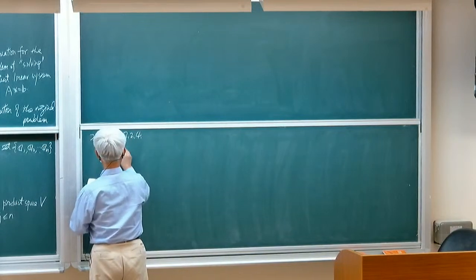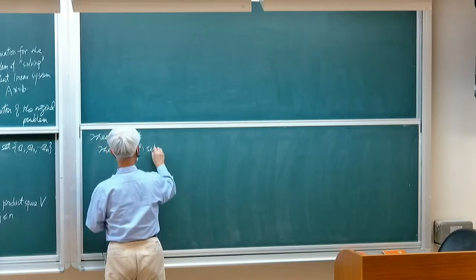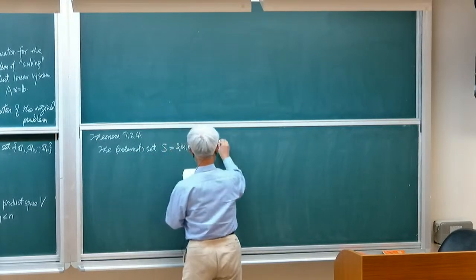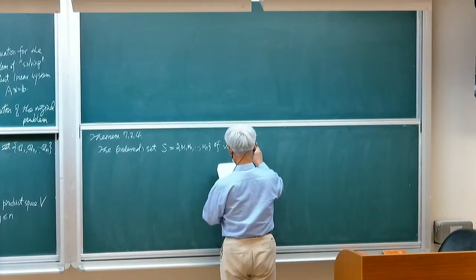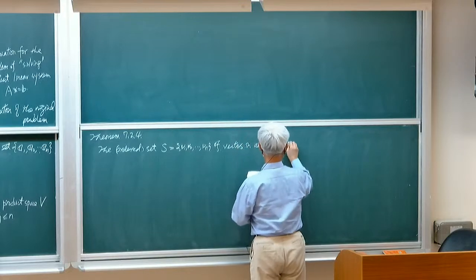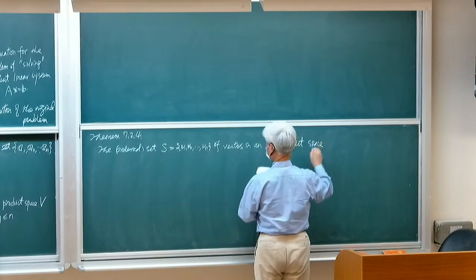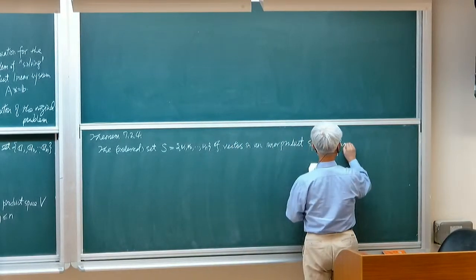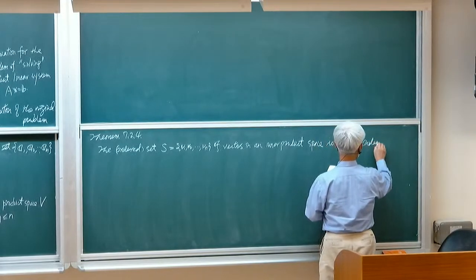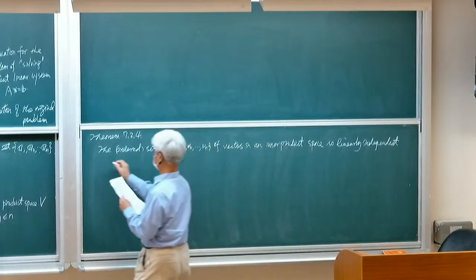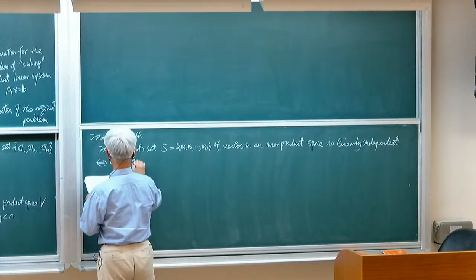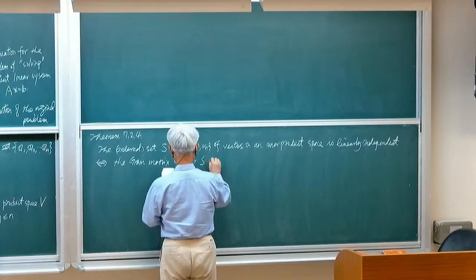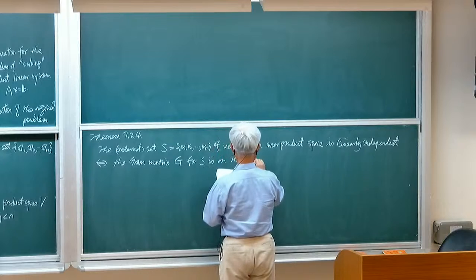The ordered set X = {V1, V2, up to Vn} of vectors in an inner product space is linearly independent if and only if the Gram matrix G for X is an n times n invertible matrix.